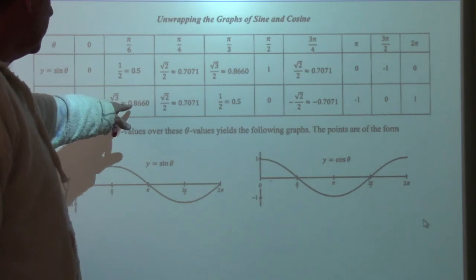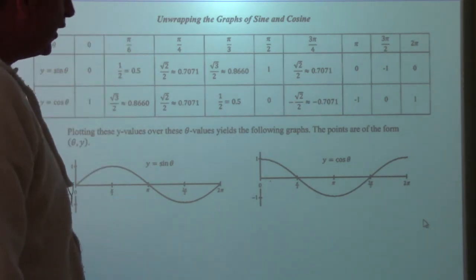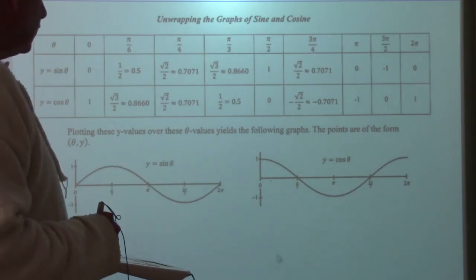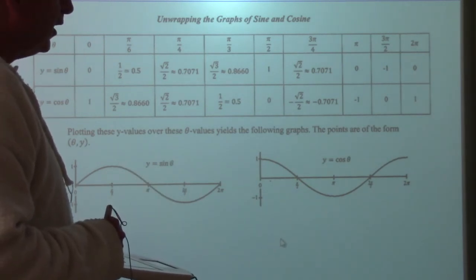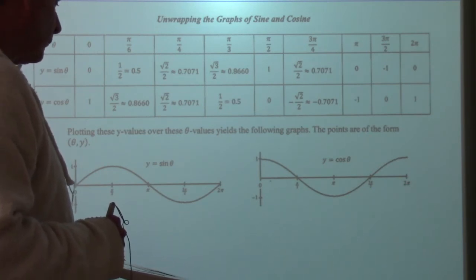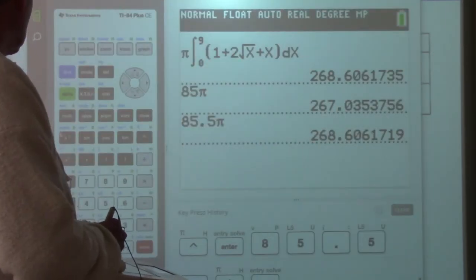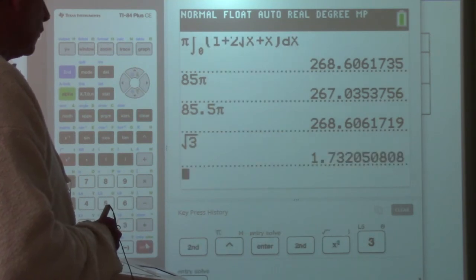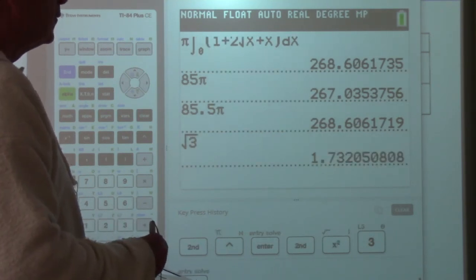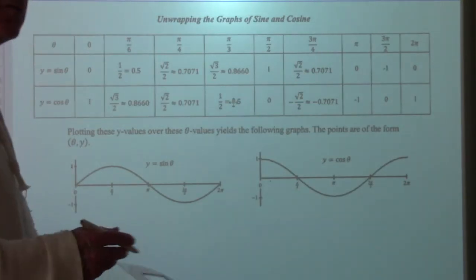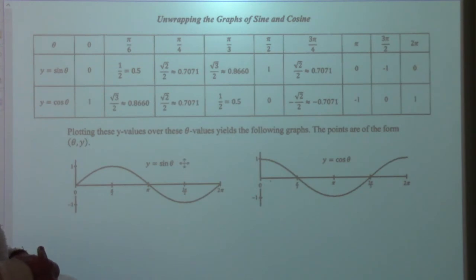Square root of 3 over 2 is 0.866. Another thing you come across, the square root of 3, you get 1.732. So just some numbers whose decimals you might come across. If you just remember those things, that can help you.